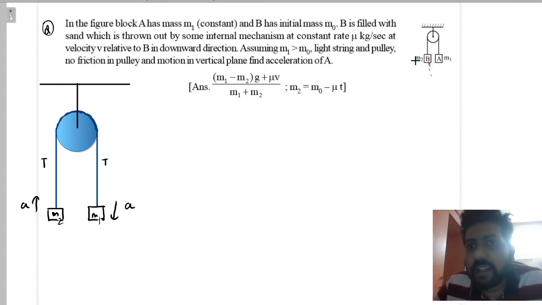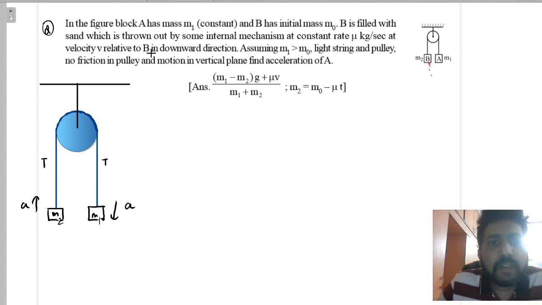So the initial mass is m naught and the sand is getting ejected at mu kg per second, and the relative velocity of the ejection of sand is v in the downward direction. Assuming m1 is greater than the initial mass of m2, that is m naught, find the acceleration of A.